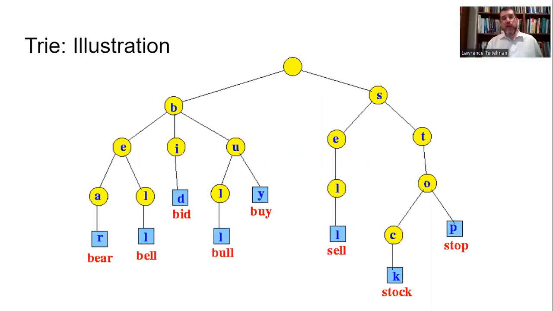Okay, and the way to interpret this tree, it is a tree, it's a trie, but it's also a tree, is the way you get a word is you navigate from the root to the leaf, and that will get you the whole word, right? So instead of having a bull here, you get bull by going all the way down to here. When you get buy, you take the path from the root and you navigate, and the B from that node and the U from here and the Y from there gets us buy, right?